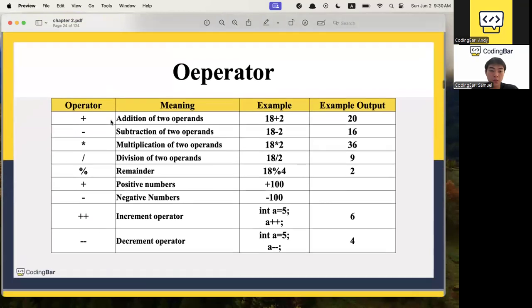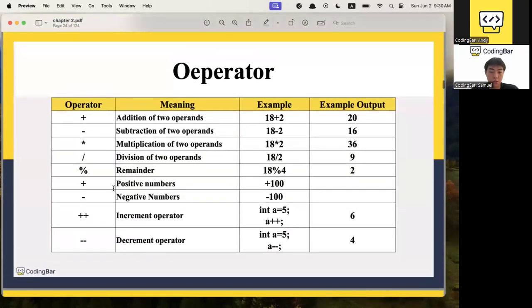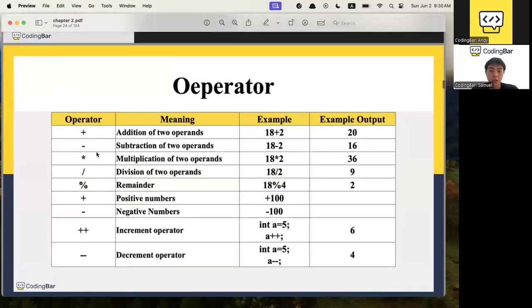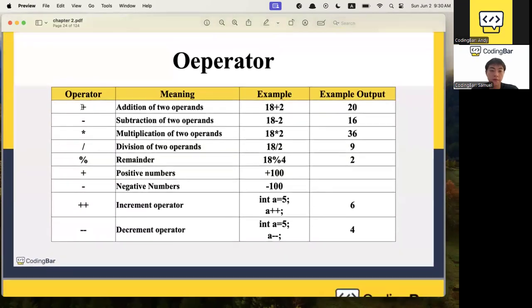And we have a kind of conclusion here. There is a list of operators. The plus operator is for addition of two operands. For example, 18 plus 2 will be 20. Subtraction is the same as in maths. So 18 minus 2 is 16.